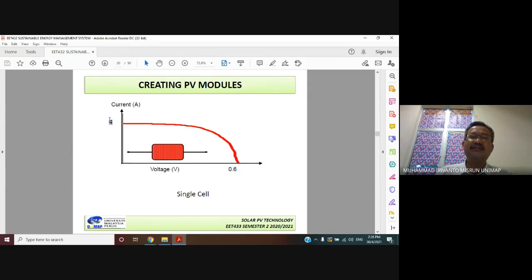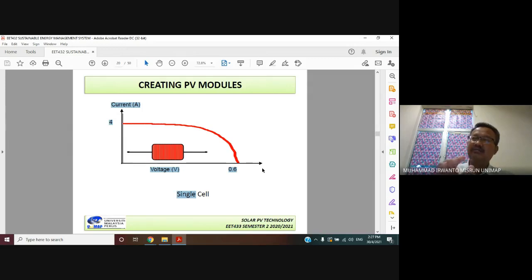And for the current, in the datasheet it is usually mentioned as the short circuit current. In terms of the characteristic of the PV module, we can obtain the IV curve. Current is drawn on the vertical axis and voltage on the horizontal axis. This one is one PV cell.